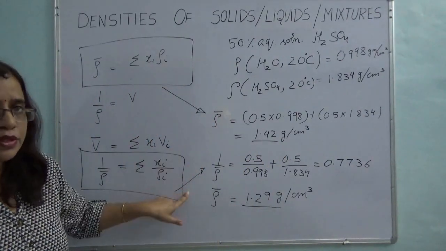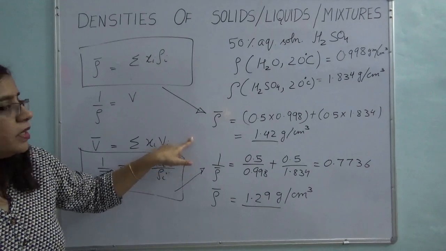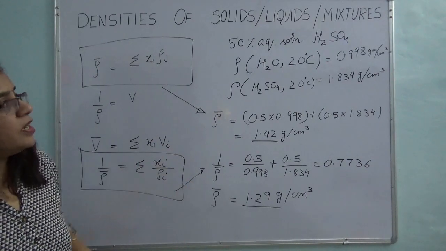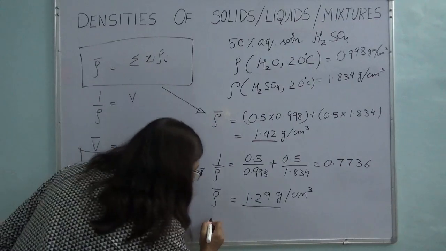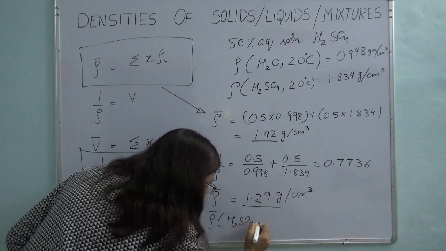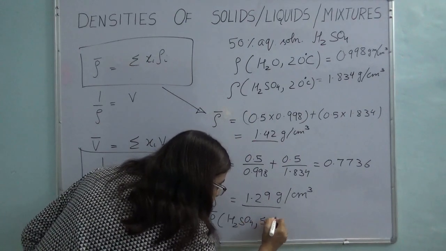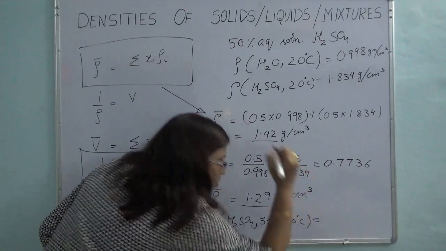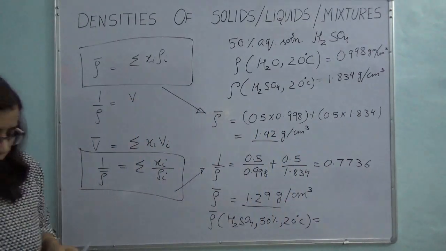Now which one to use totally depends on you, but if you have any way, you can go and check what the density actually is. What is the density of H2SO4 which has been experimentally found for a 50% aqueous solution at 20 degrees centigrade? This value is listed in Perry's and I have taken it from there.